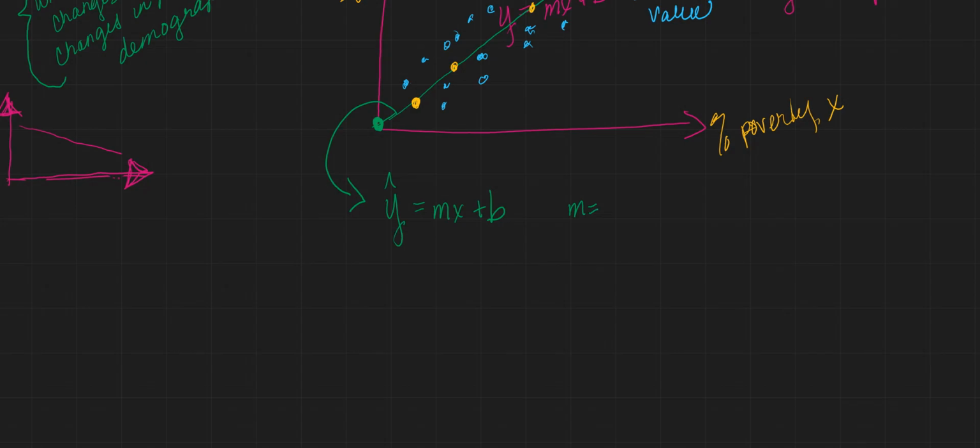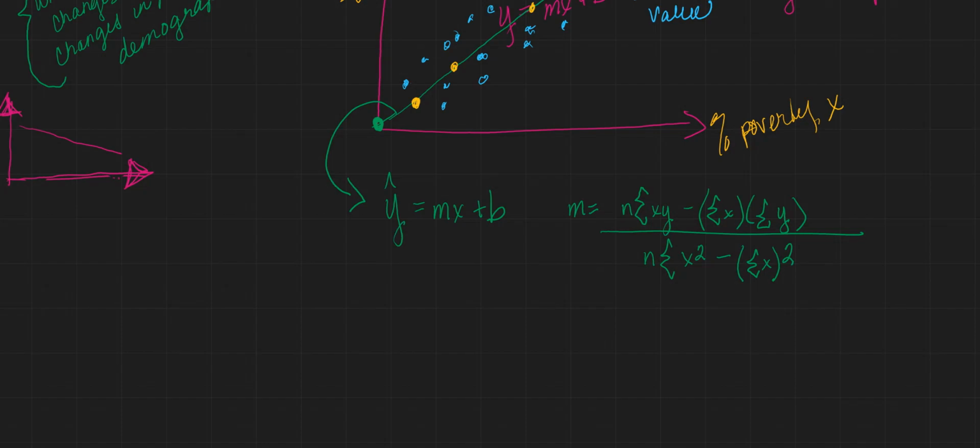So for m, we have our sample size times the sum of all xy minus the sum of all x times the sum of all y, divided by, well, that wasn't very nice of me, sample size times the sum of all x squared minus the sum of all x, squared. Should ring a bell after you've watched the correlation video, right?